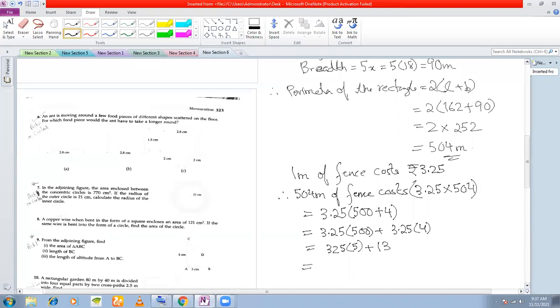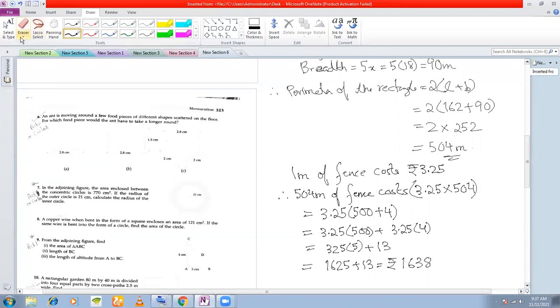And 325 into 5 will give you 1625, plus 13. So your cost is rupees 1638. This is the total cost. Or you can multiply directly. I've just shown you a small shortcut for multiplication. You can apply this shortcut or you can multiply directly and get your answer.